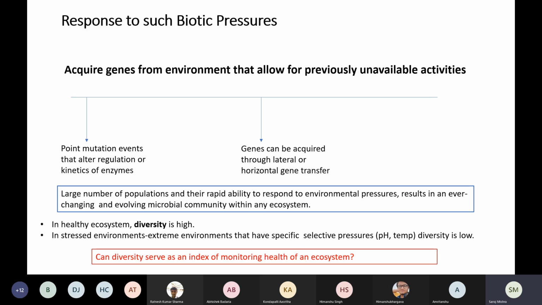Today they also sequence the ITS sequences, which lie between the ribosomal genes, to establish relationships between fungi.